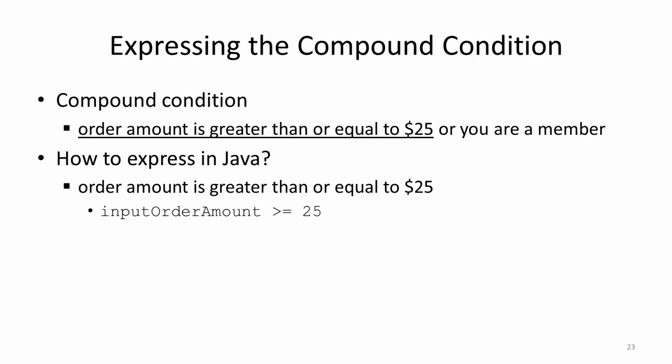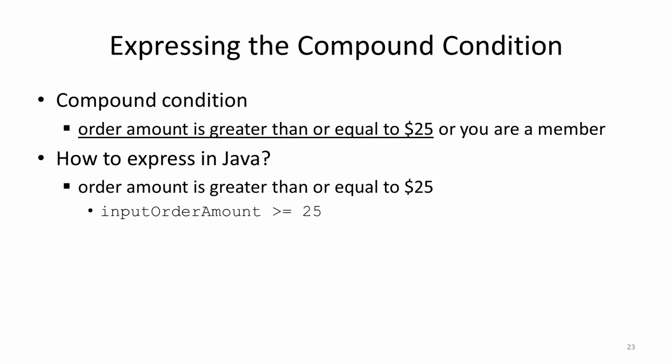So now we would need to express this in Java. How would we express this compound condition? So it is a compound condition with two criteria. So we would need to express the first criteria and we would need to express the second criteria. The first criteria is pretty straightforward. We've seen that from the previous lecture. If you recall, we have the input order amount variable.